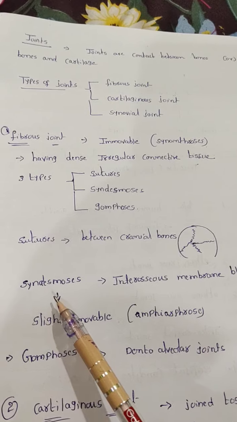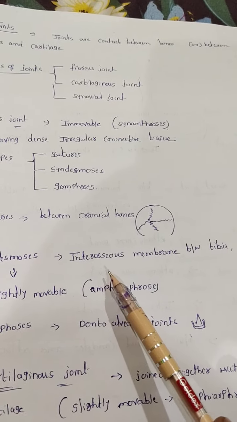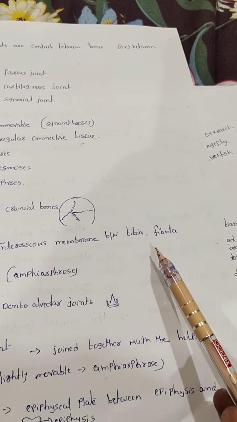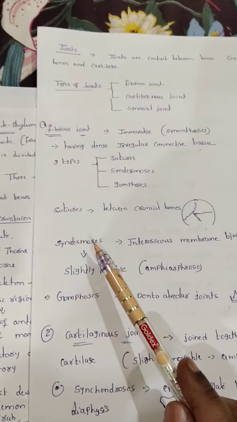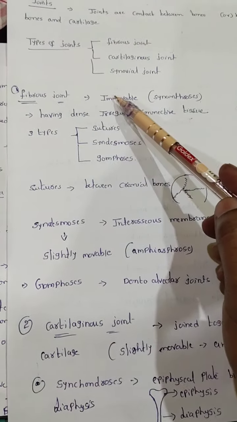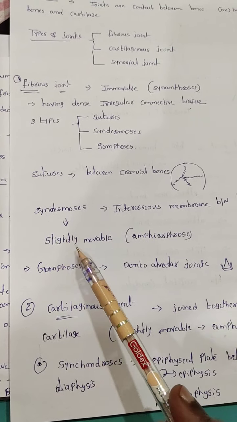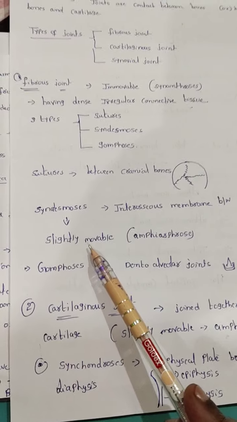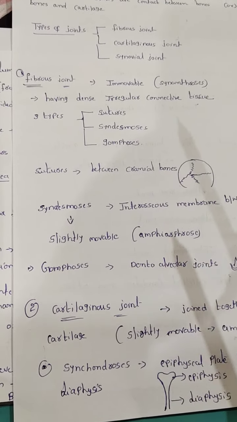Second one, syndesmosis. Syndesmosis is present as an interosseous membrane between tibia and fibula. Keep in mind, syndesmosis is under fibrous joints. Fibrous joints are what? Immovable. But syndesmosis is slightly movable. Keep in mind, slightly movable based upon their fibrous cartilages.